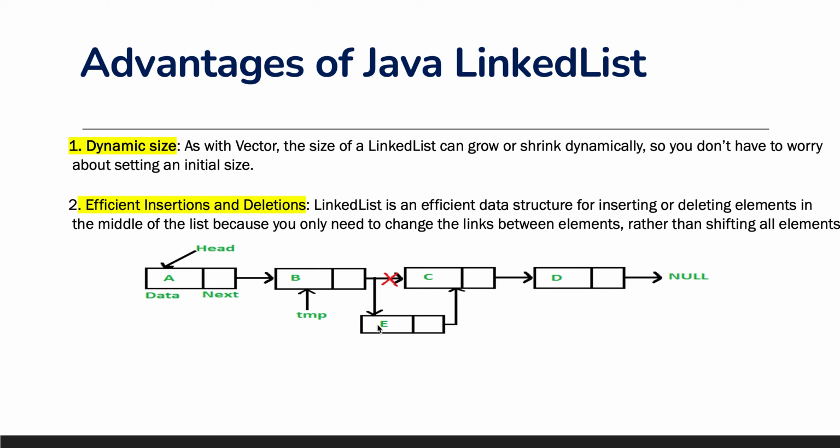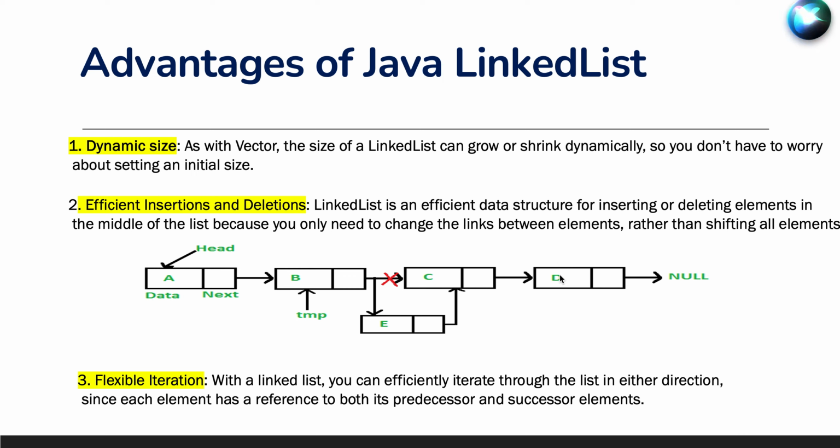In this way we can easily insert any element in the middle of the existing list. Similarly, if we want to remove an element, instead of going through every node, we simply make the pointer of this node point directly to this node.